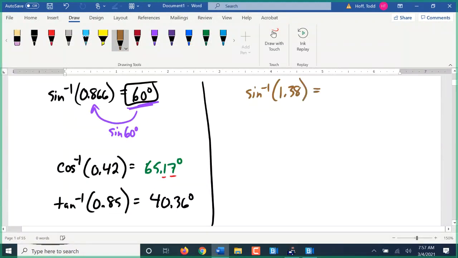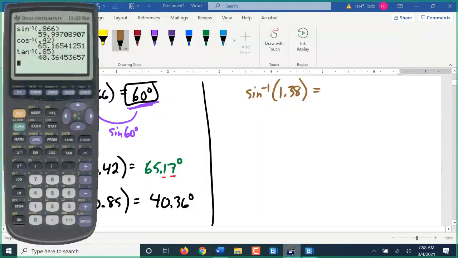What is wrong with what I just wrote there? Inverse sine of 1.38. Well, it's asking me what angle has a sine of 1.38. If I try to punch this in my calculator, second sine 1.38, close the parentheses, it gives me an error.